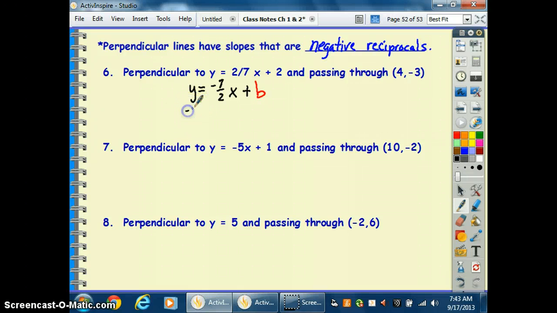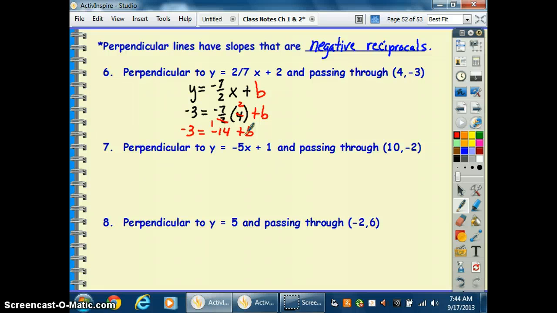I know y is negative 3, and I know x is 4, plus the b. Okay, so negative 3 equals negative 14 plus b. Sorry about the color.